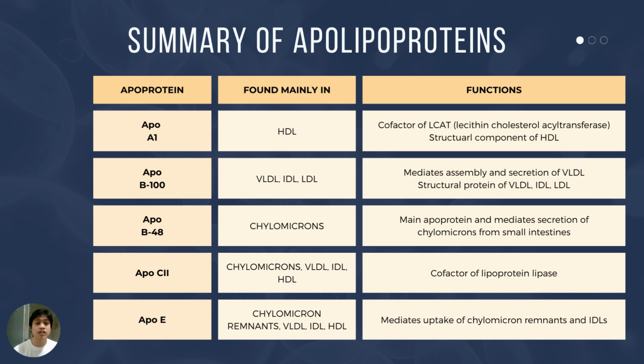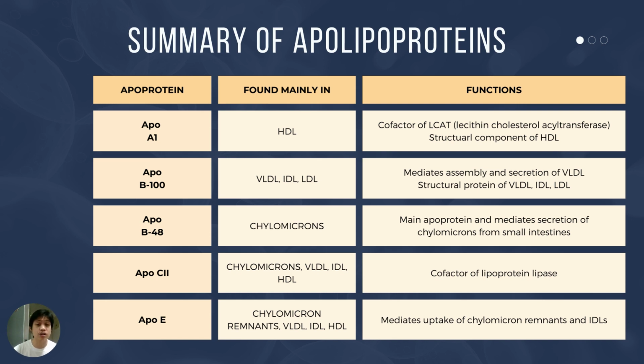ApoC2 is found in all of the lipoproteins, and it is a cofactor of lipoprotein lipase. Again, it's important. ApoC2 is the cofactor of lipoprotein lipase, which continuously cleaves off free fatty acids from the lipoprotein.